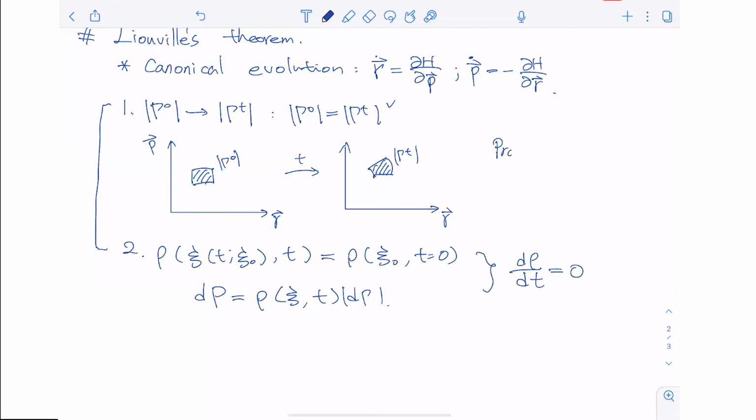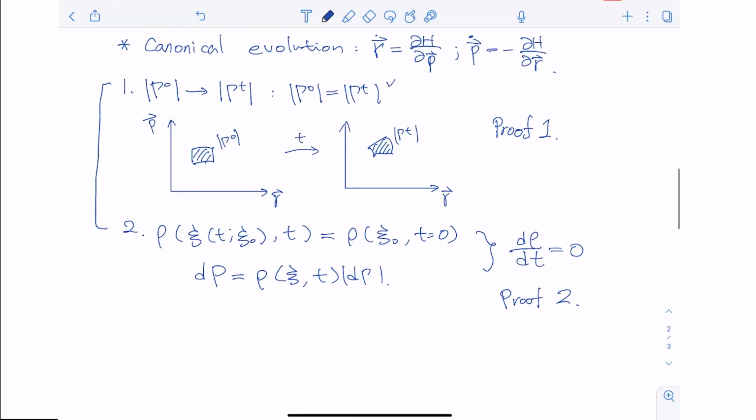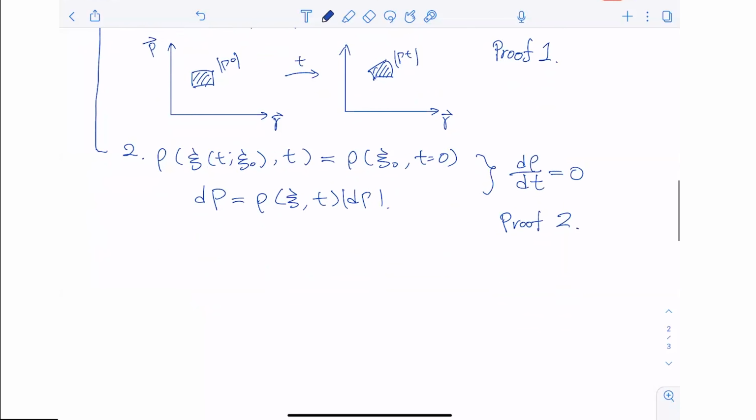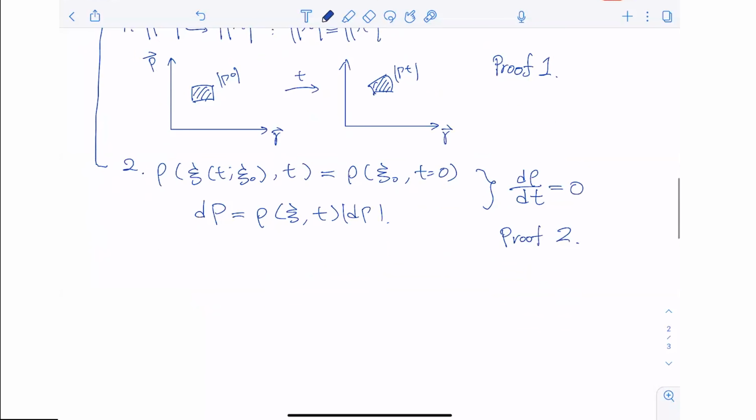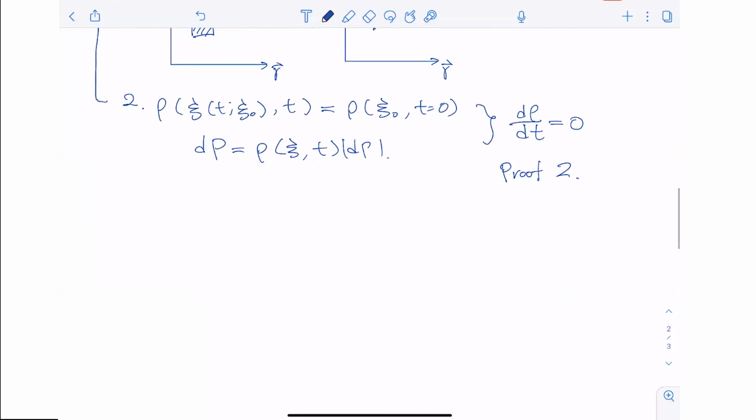Today we are going to have a proof 1 for this conservation of the volume under the canonical evolution, and we'll also give a proof 2 that is more from the local conservation property. Given these two proofs, you can see quite intuitively why they are equivalent.